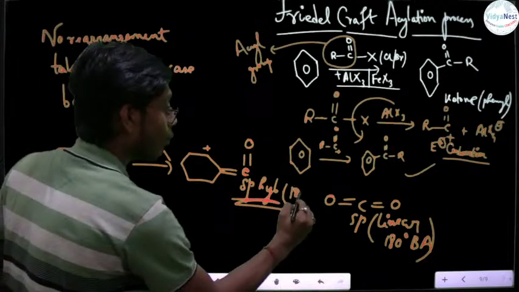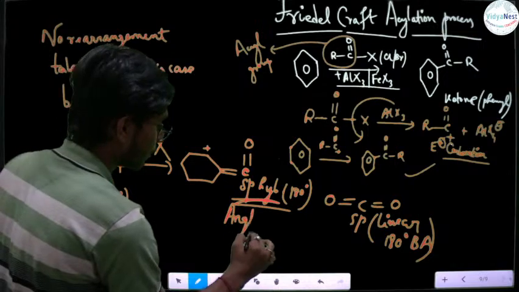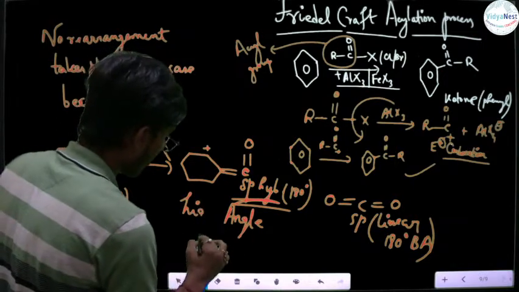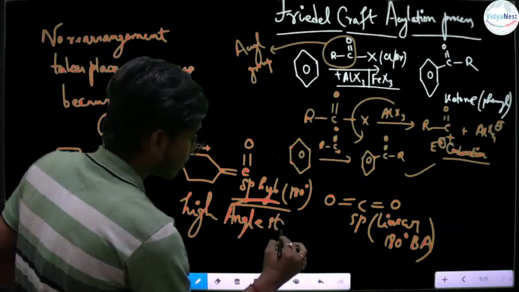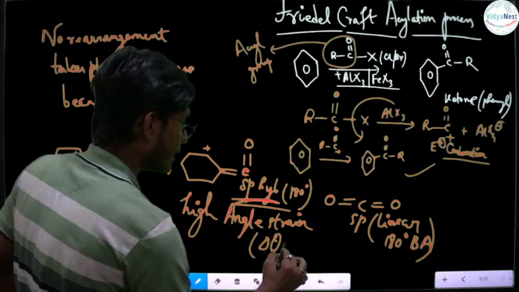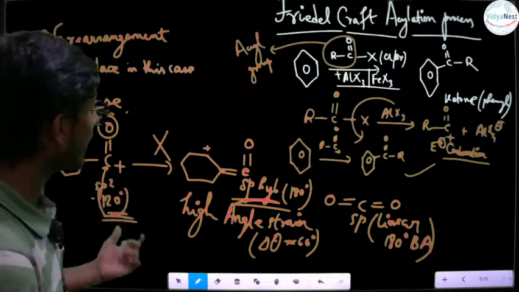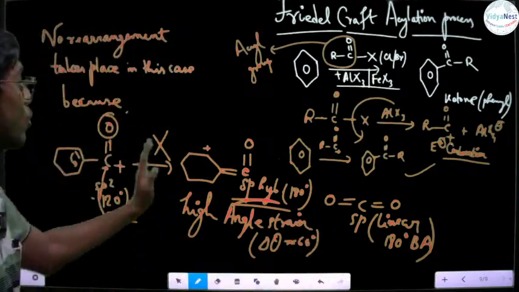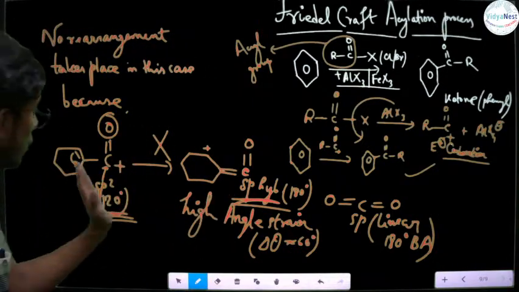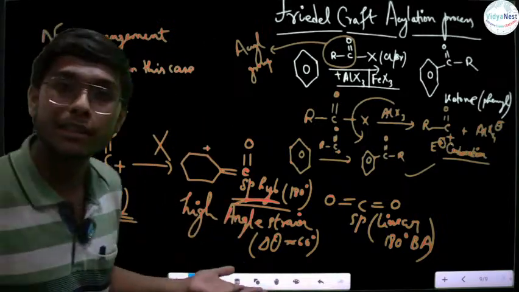Being an sp2 hybridized carbon at a 120-degree bond angle, this structure demands sp hybridization. A bond angle of 180 degrees is the demand, so the angle strain is very high. The delta theta is approximately how much? 60 degrees, because it's at a 120-degree bond angle but it's demanding 180 degrees. But we cannot change the hybridization from sp2 to sp because resonance is a hypothetical phenomenon, right?